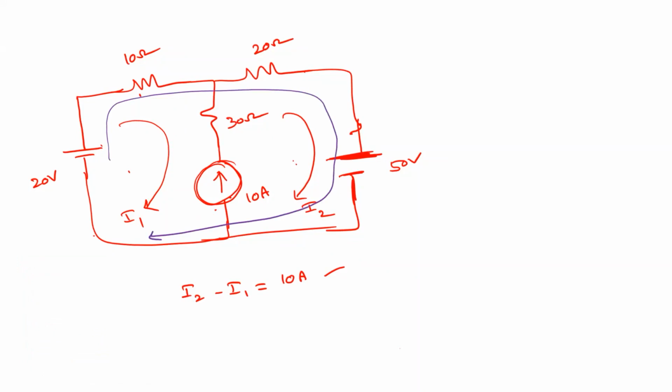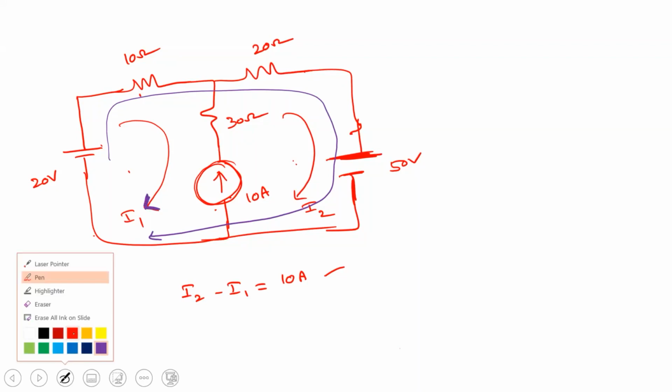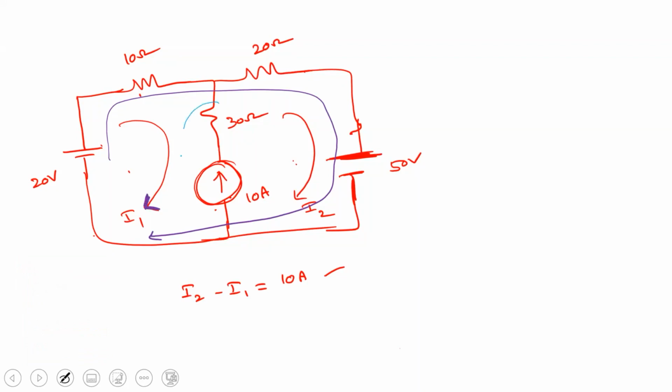So when you apply KVL, you need to assume only these current directions, I1 and I2. We excluded these elements, forming a bigger loop. That is known as super mesh.